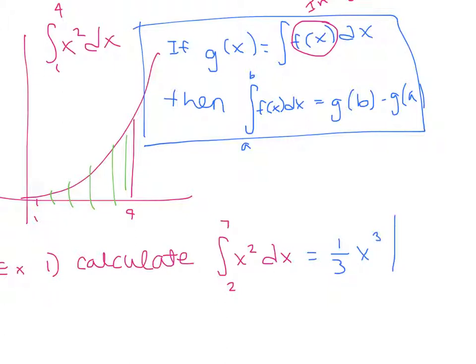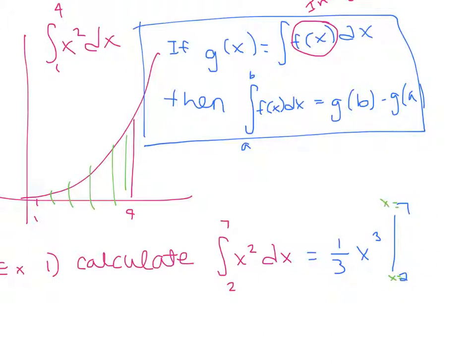And we need to take it from 2 to 7. So this vertical line here means that I'm finding a value from x equals 2 to x equals 7, okay? And sometimes, depending on who your college professor is and where they went to school, they'll also put a little x equals 2 here and an x equals 7 there to remind them that that's the boundary of where they're taking their integral.